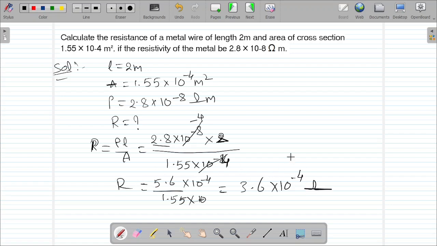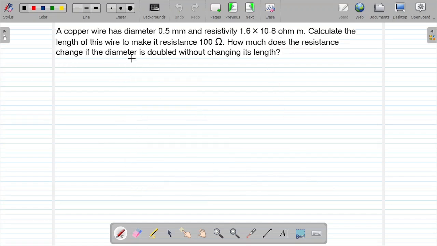Okay, let's see another question now. A copper wire has a diameter of 0.5 millimeters. See, this is an important question, this model. Convert 0.5 millimeters into meters: 0.5 into 10 to the power of minus 3 meters.